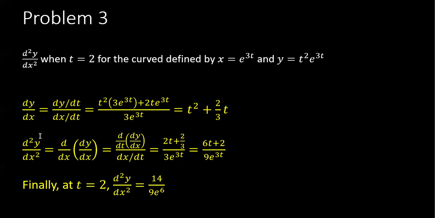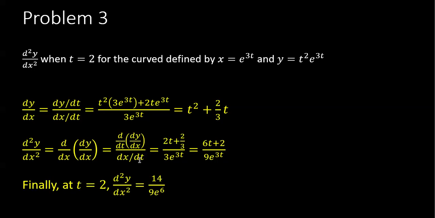Now, the second derivative, by definition, is the derivative with respect to x of dy dx. So if we use the chain rule, it'll be d dt of dy dx over dx dt. This is the chain rule. That's actually how we get this as well. dy dx is dy dt times dt dx. And the dt dx we can put in the bottom of the fraction by flipping it, the reciprocal.